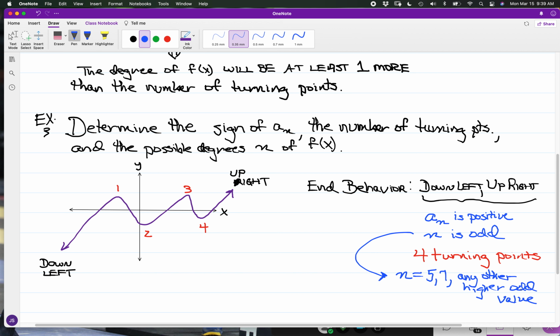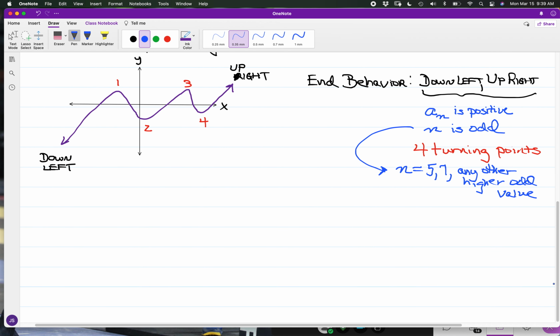But n is going to be an odd number, and at least 5. So you'll be correct to say n is odd and a sub n is positive. But looking at the number of turning points, you cannot say that among the odd values you're going to have 1 or 3, because the degree has to be more than the number of turning points that will exist.